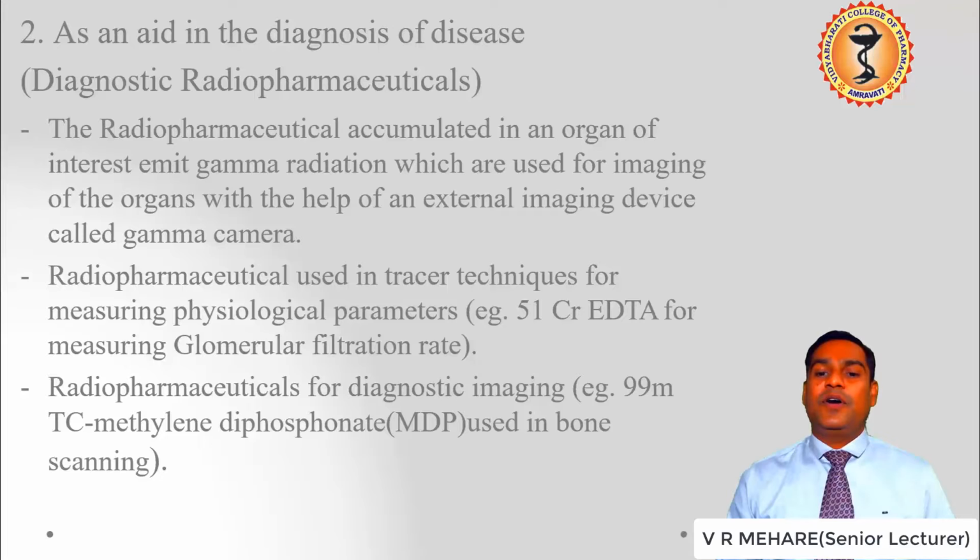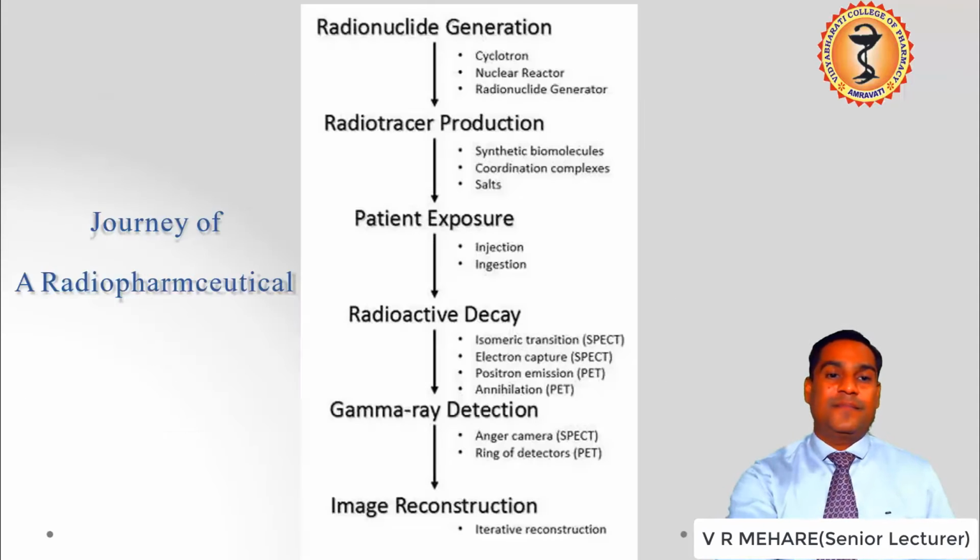For example, chromium-51 EDTA is used for measuring the glomerular filtration rate. Radiopharmaceuticals for diagnostic imaging, for example, include Tc-99m methylene diphosphonate, MDP, used in bone scanning.